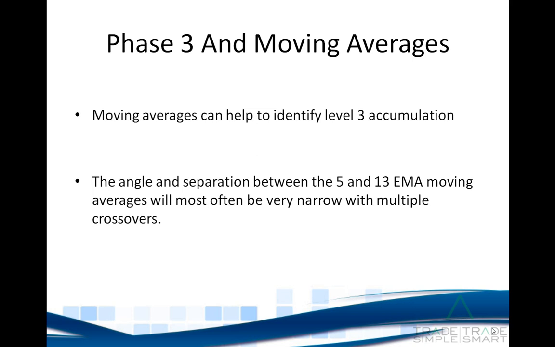But because we enter into a period of sideways non-directional price action, this causes the two moving averages to become very narrow and cross multiple times, and this is a great indication as to whether the smart money cycle is in level 3 accumulation.